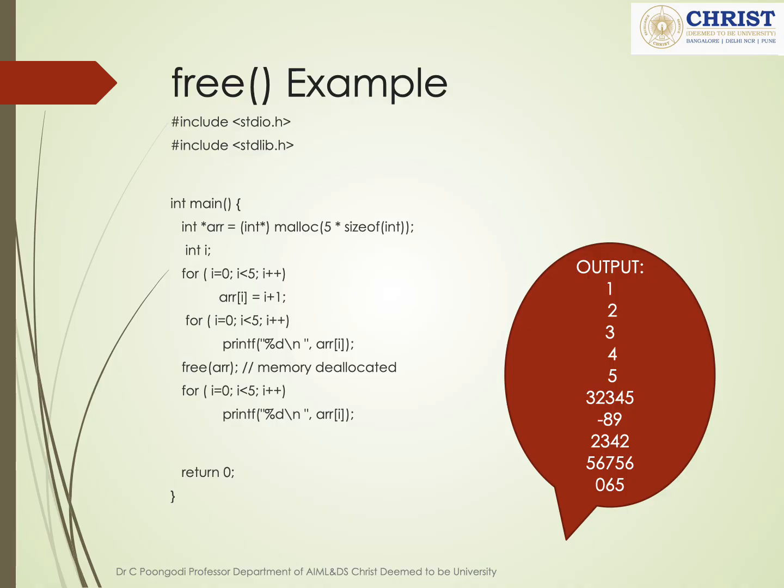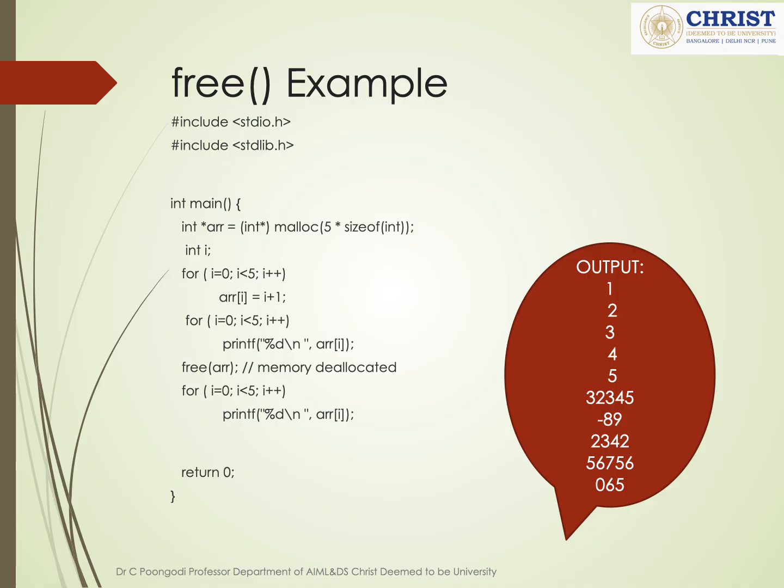See here, after removing or deallocating the memory, if you try to access the same memory location, you may see values which are not actually allocated. Some unknown values will be displayed.